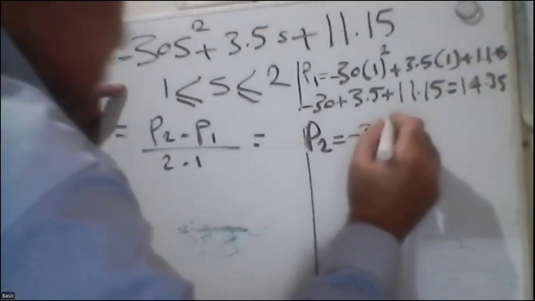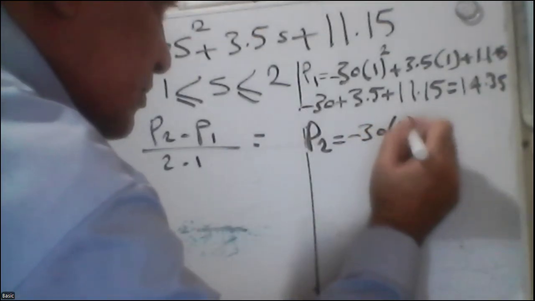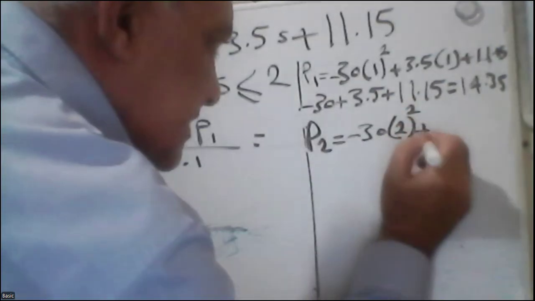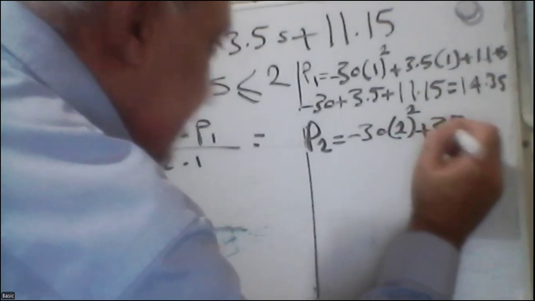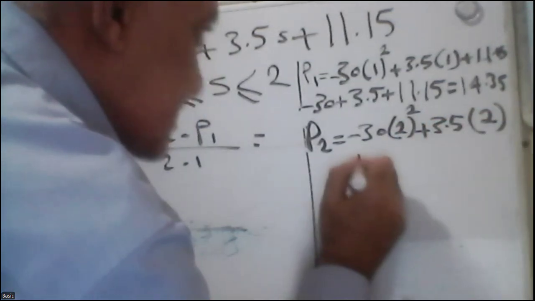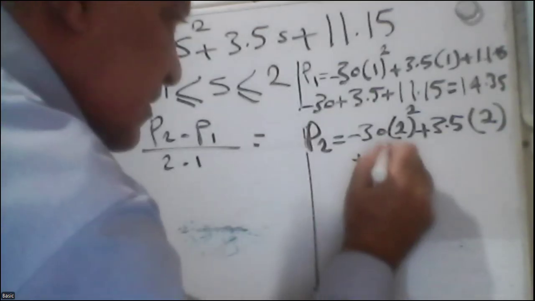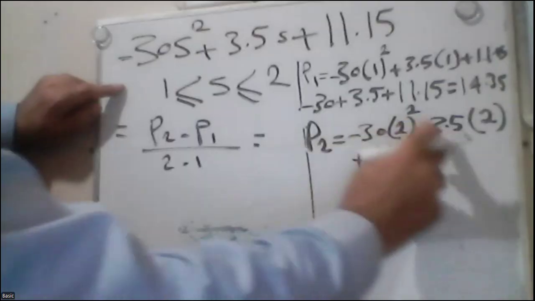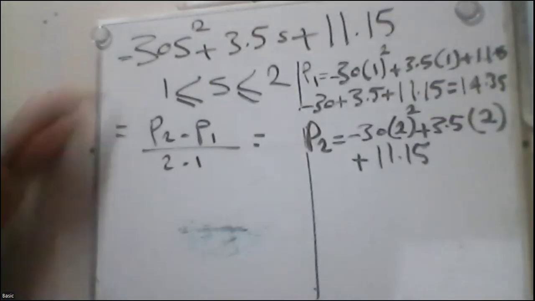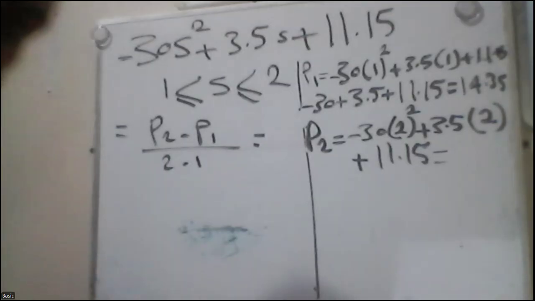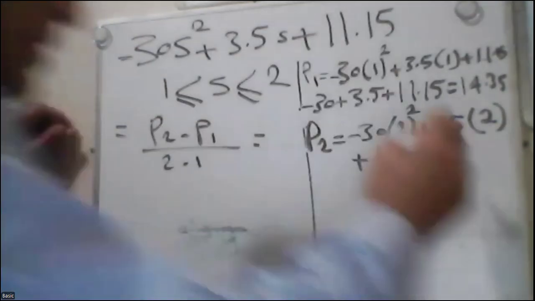But here is 2 whole square, plus 3.5 multiplied by 2, plus 11.15, which is this one. So I substitute this time with 2, not 1, like the previous one. So this will equal, when we finish it, 16.95.